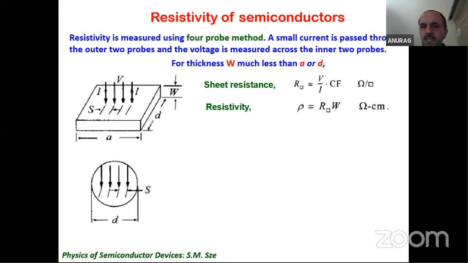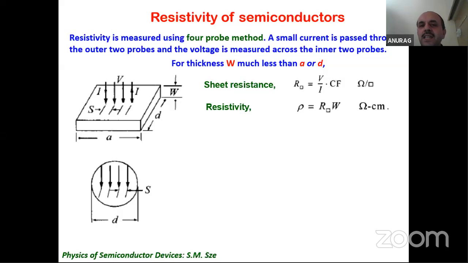One is the resistivity of the semiconductor material or thin films, and the second thing is the Hall effect. So resistivity in our lab. Many of you might be experimentalists and you are working in the lab. Sometimes, depending upon the facilities that you have, you do a two probe measurement, and using the two probe measurement, you calculate the resistance of your thin film or substrate, and then using the physical dimensions of the substrate or the thin film, you get the resistivity.